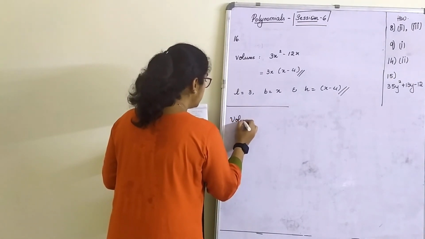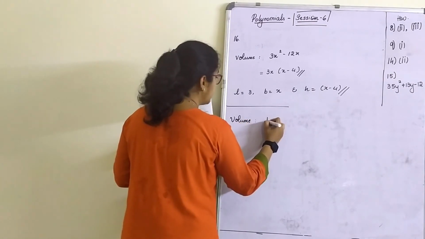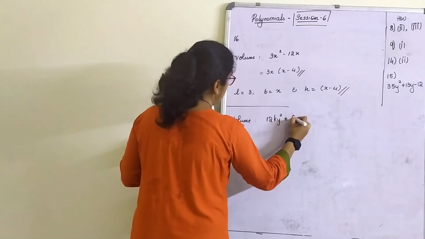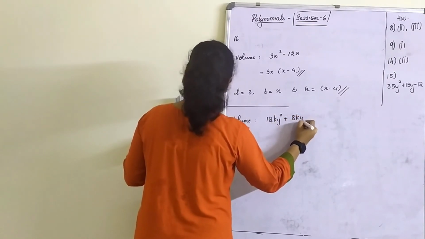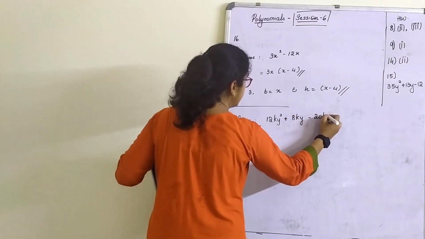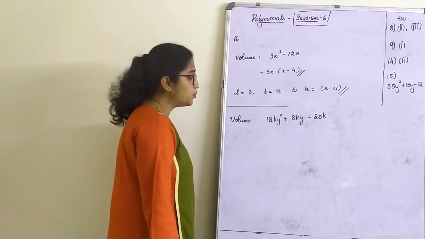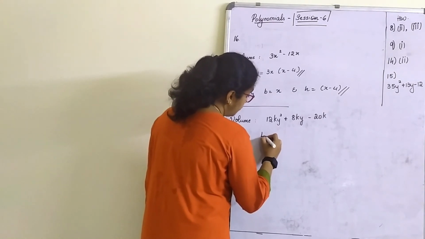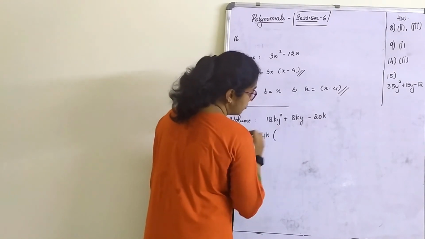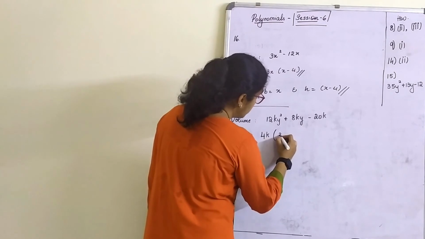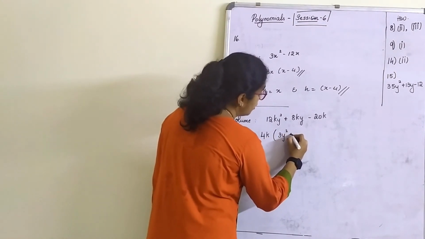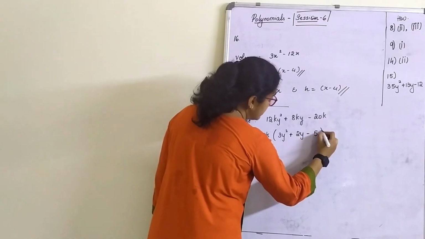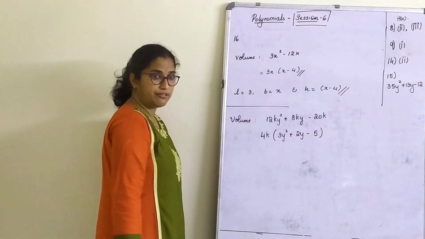Second one, volume is equal to 12ky square plus 8ky minus 20k. Okay. Between 12, 8 and 20k, what is common? I can say here 4k is common. Okay. So it is 4 3s are 12, 3y square, 4 2s are 8, 2y. 4 5s are 20. Is this a factorization form?